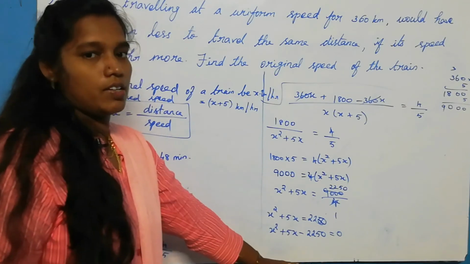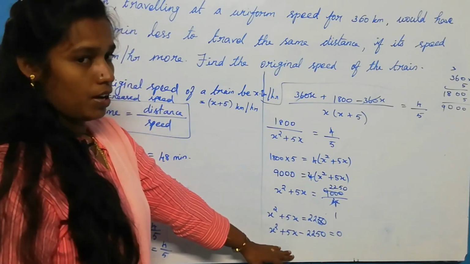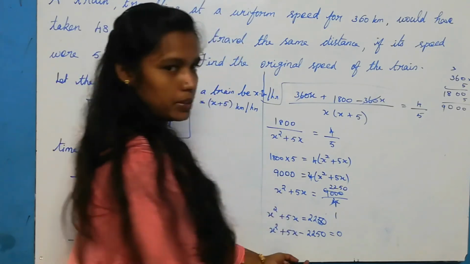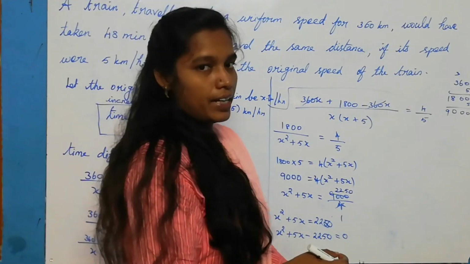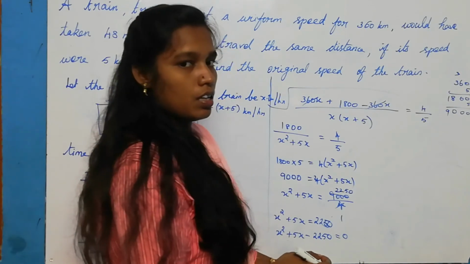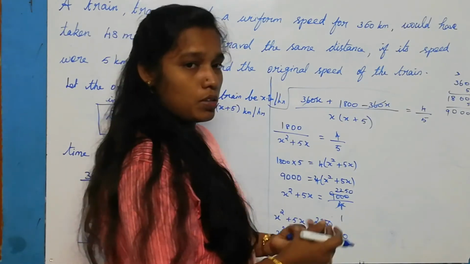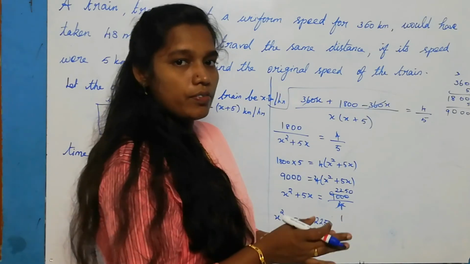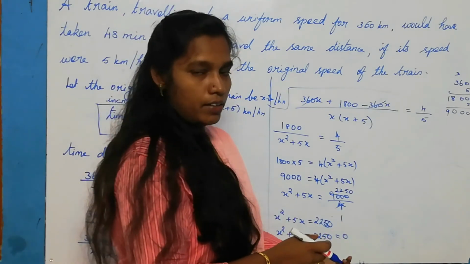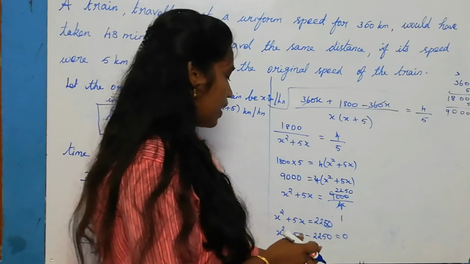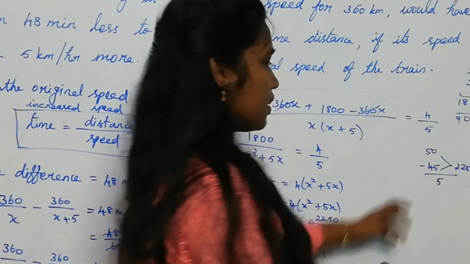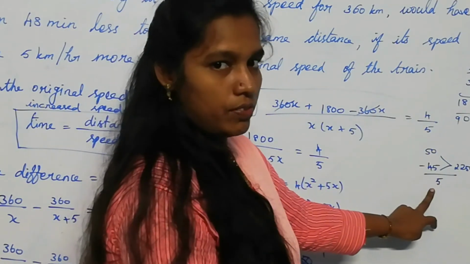Then we solve this equation using formula method or factorization method. So here we can use factorization method. Okay, so how to find? Let us take two numbers. If we multiply those numbers, we get minus 2250. If we add them, we get 5. So what are the numbers? 50 minus 45 is 5.